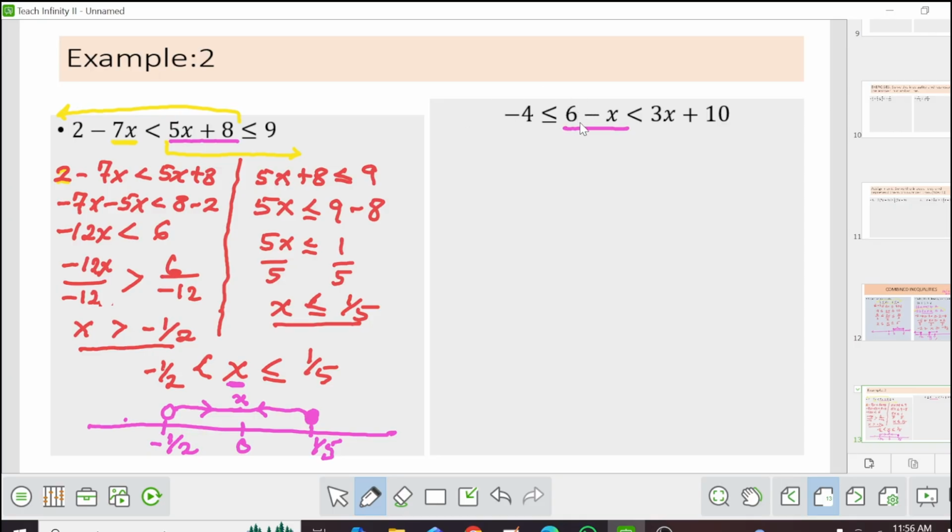Don't just move this 6, and you will now be separating the value. At the end of the day, you take this one inside and you will be sharing. No, you can't collect like terms directly like this because of this variable.